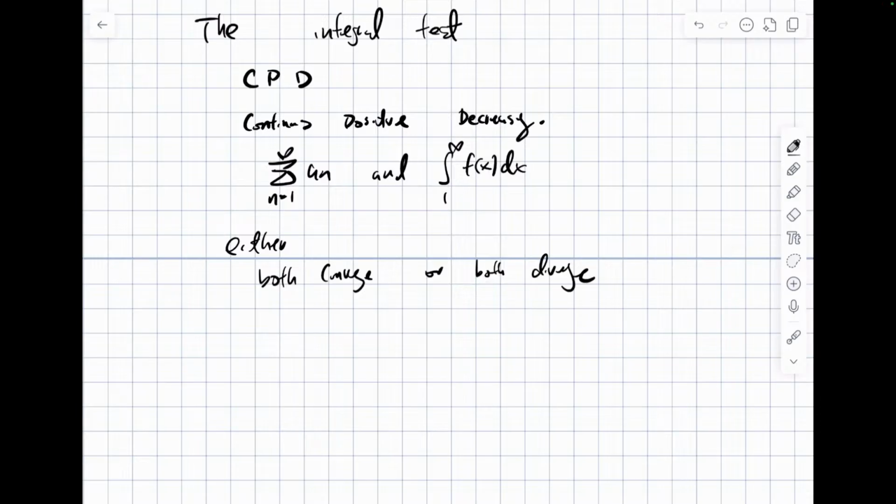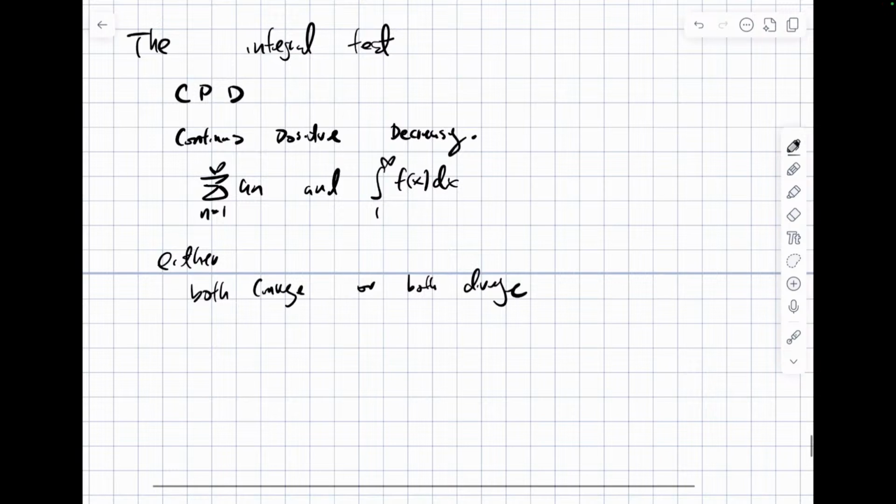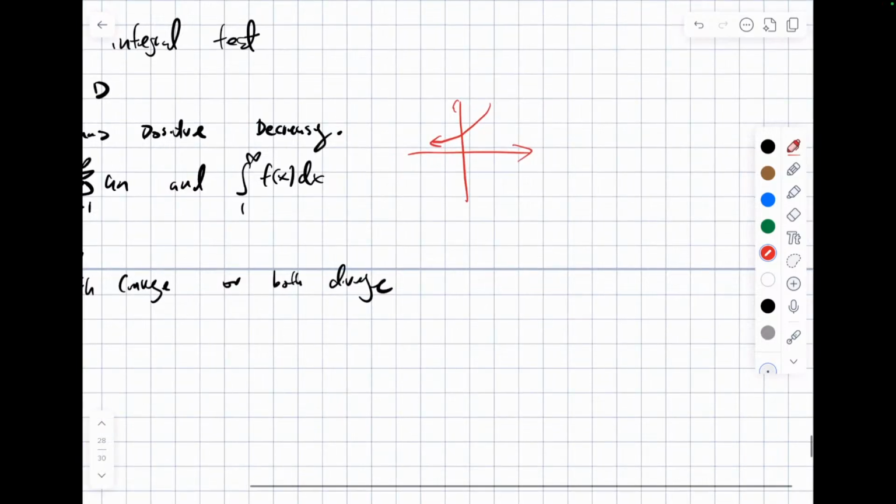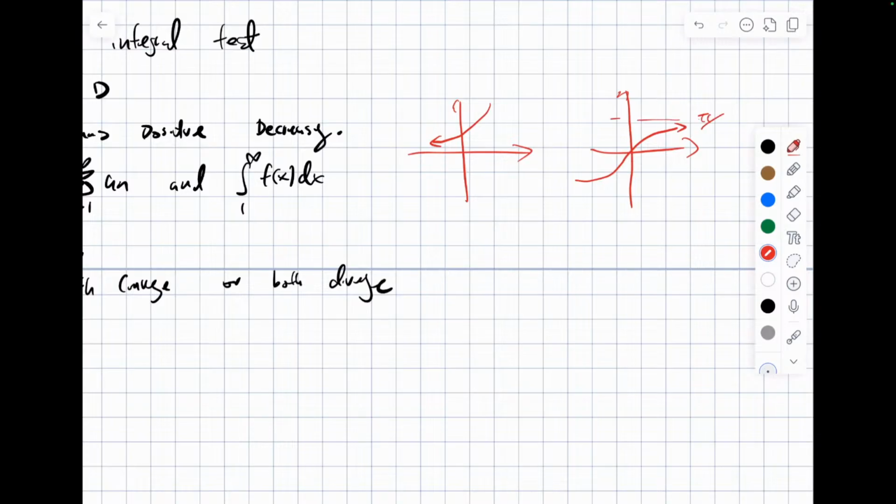So they can be both converge and both diverge. On a side note, you have to pay attention to the e to the x graph. On the left side, it's going to go to 0. Also, you have to know the arctan graph really well. This is going to be pi over 2, and this is going to be negative pi over 2. So this will be tested.